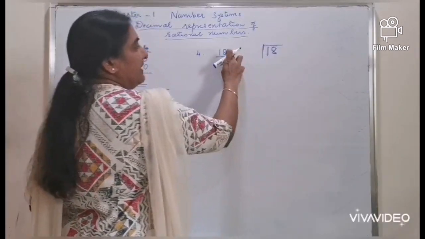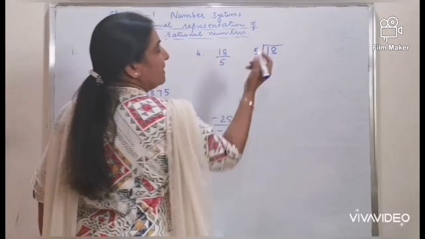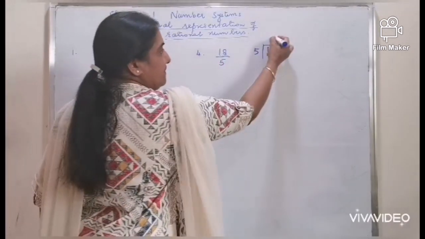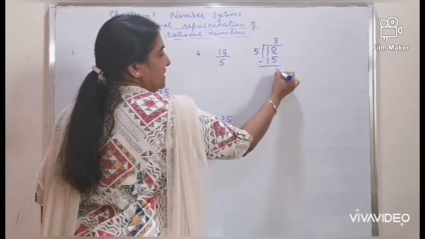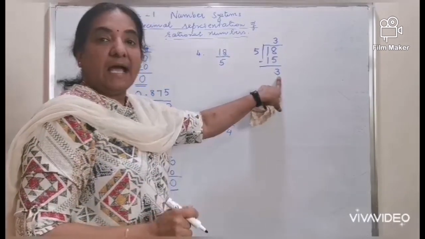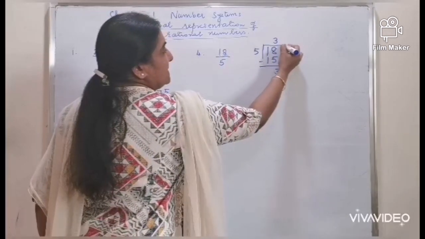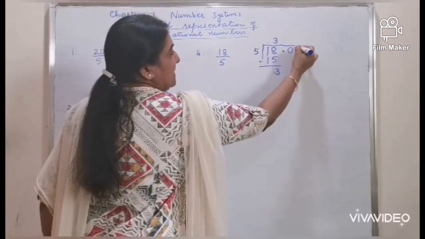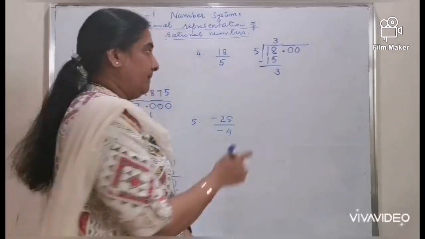18 is the dividend, 5 is the divisor. As actual division, 5 3s are 15. 18 minus 15 is 3. You need to represent it as a decimal representation. So you will place a decimal and add as many zeros till the remainder becomes 0.